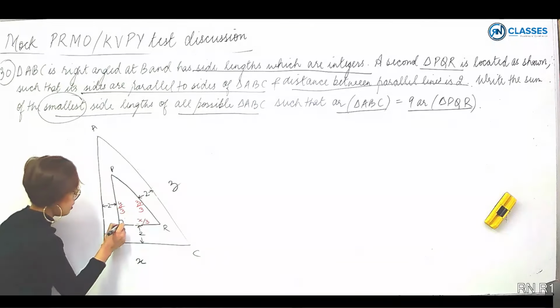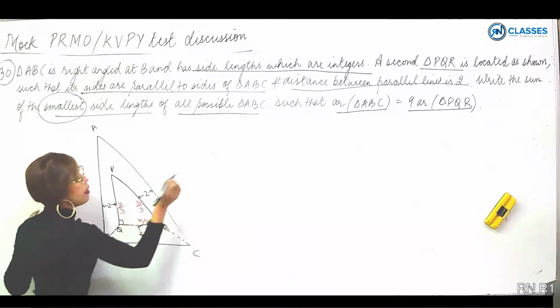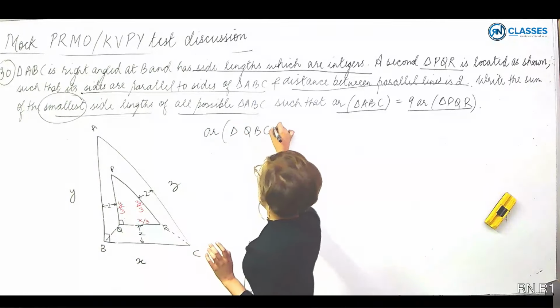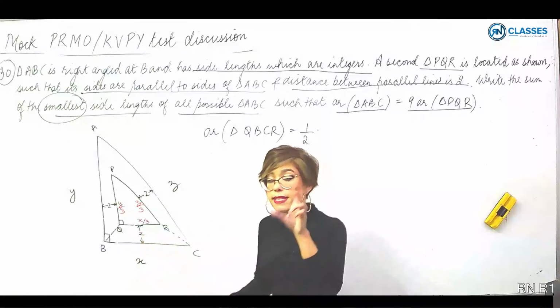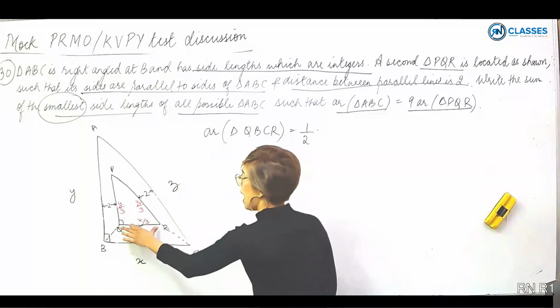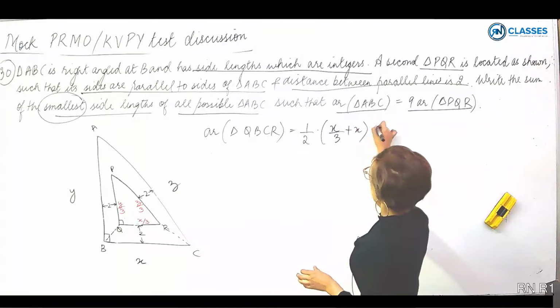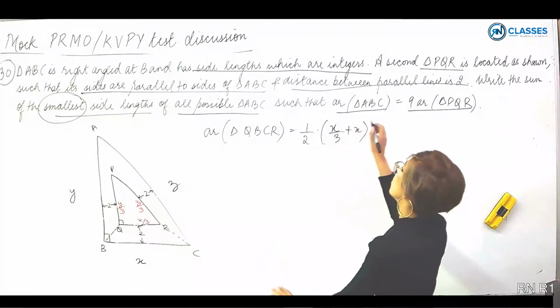So, if I talk about this trapezium, QBCR. Area of trapezium QBCR is half into sum of parallel sides. Mind it, I know this also in terms of x, but I know that. So x/3 plus x into distance between the parallel sides, which is 2.